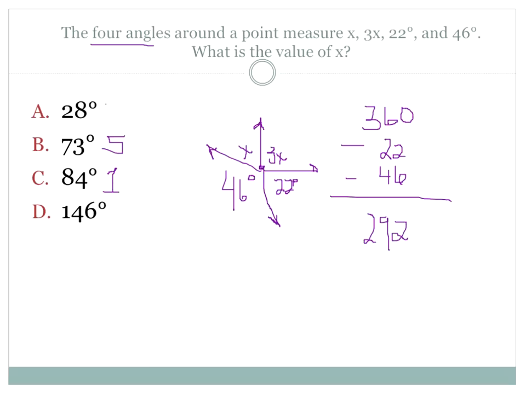So X and 3X, these 2 degree measures add up to 292. So I could say that X plus 3X equals 292 degrees, which means that X plus 3X is 4X equals 292.